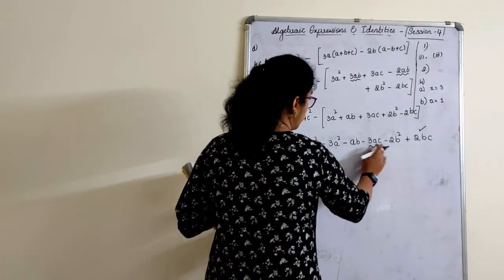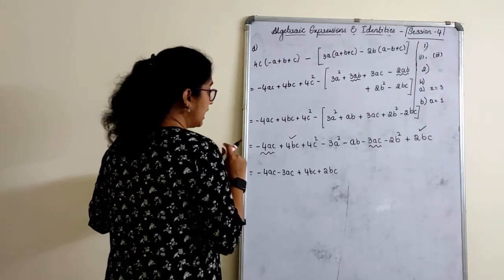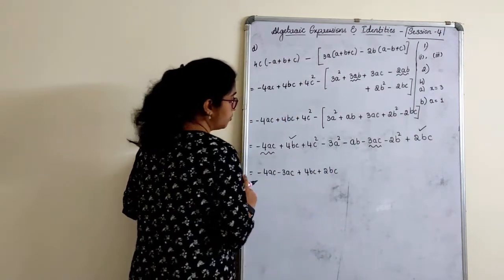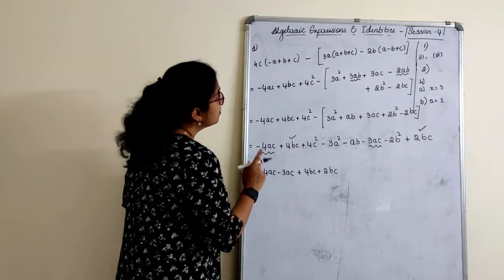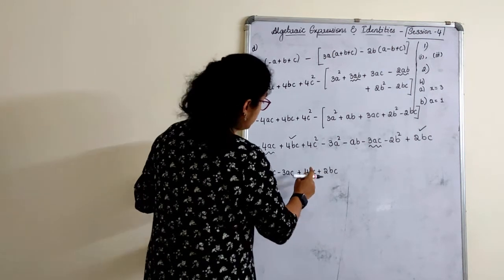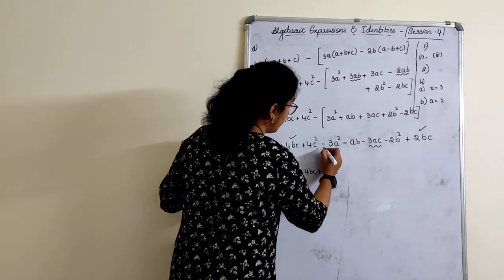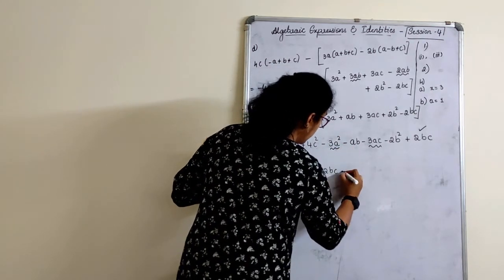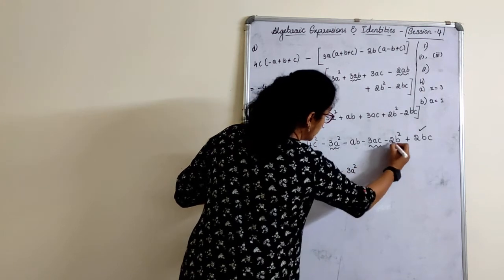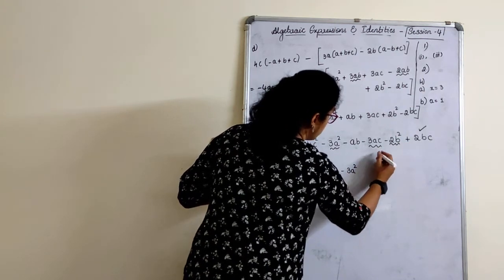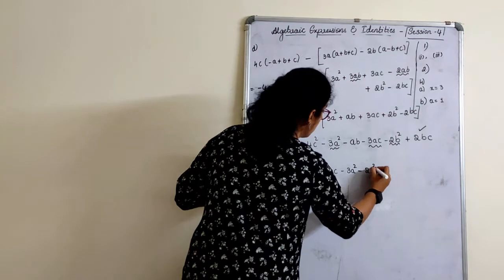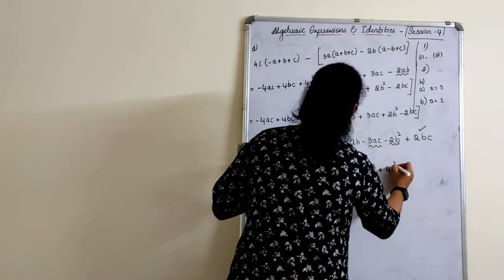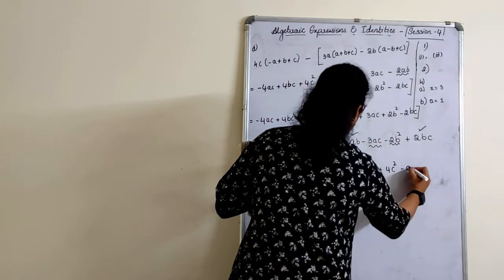C square term is not there. A square term is not there. B square term is not there. AB term is there. We don't have any other terms left over here, right? Yes. So the remaining terms we will write as they are. We will write minus 3A square minus 2B square plus 4C square minus AB.